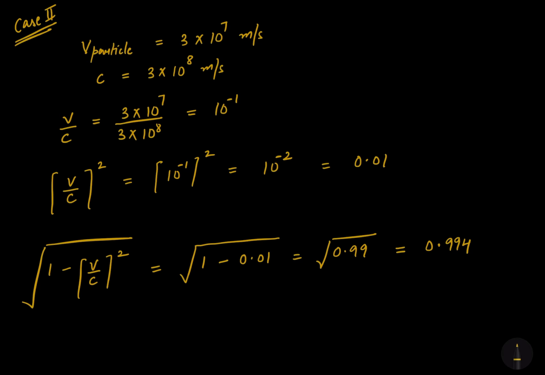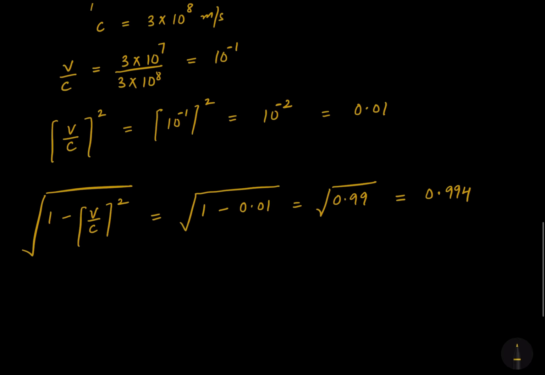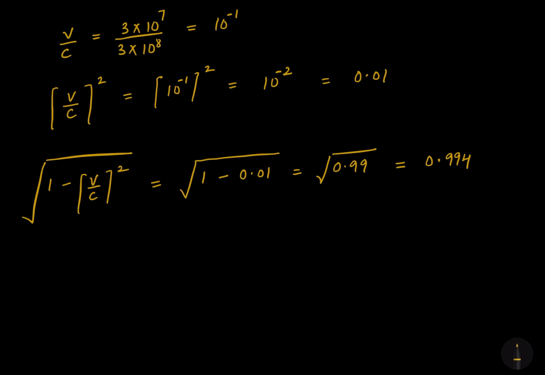Now let's substitute this value in Einstein's relativity equation, which is m is equal to m naught divided by the square root of 1 minus (v/c) whole square.